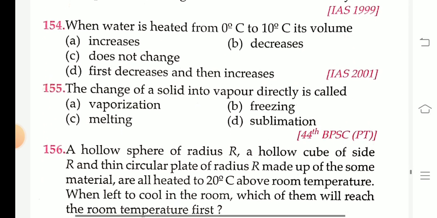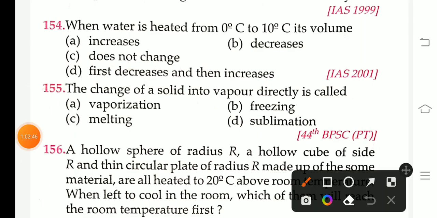Next, when water is heated from 0 degrees Celsius to 10 degrees Celsius, its volume, right answer will be option D, first decreases and then increases.